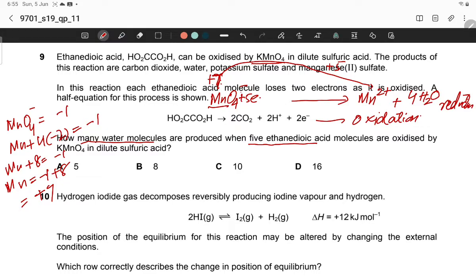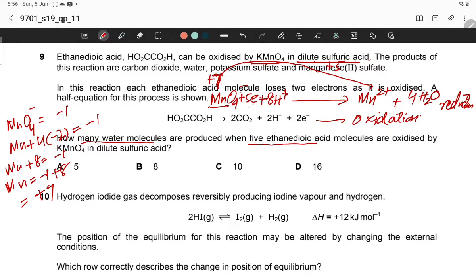This reaction is going on in acidic medium, as we have seen in the question statement, KMnO4 in dilute sulfuric acid. So to balance hydrogen on this side, we add 8 hydrogen ions.